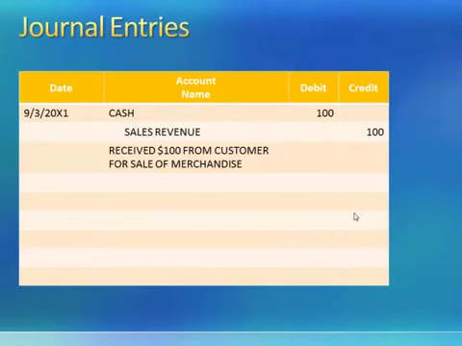Our description is we received $100 from a customer for the sale of merchandise. We know exactly the economic event that took place, and we see the accounting transaction that recorded this economic event.